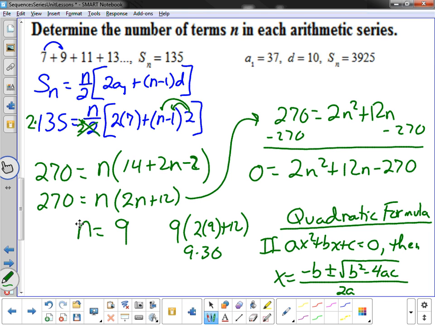So in our case here, the a is a 2, the b is a 12, and the c is a negative 270.